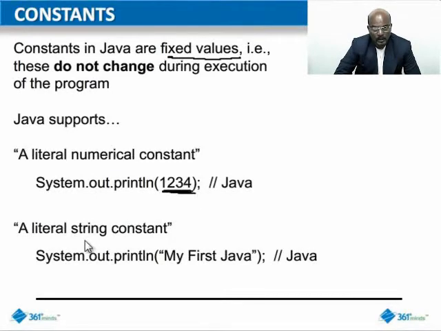The same way, a string constant is a string literal that is placed inside the System.out.println method by typing my first Java in double quotes. So whatever you type in double quotes is a string literal that cannot be changed by the user during runtime.